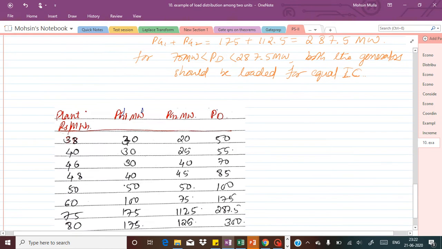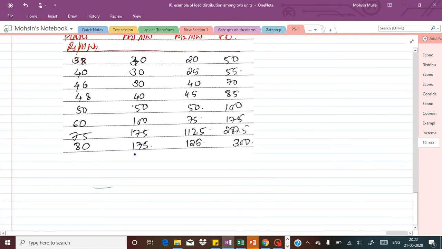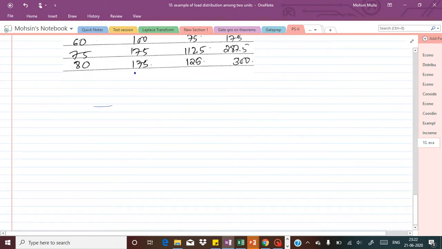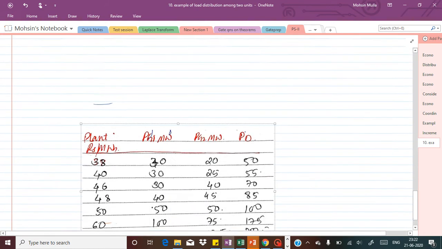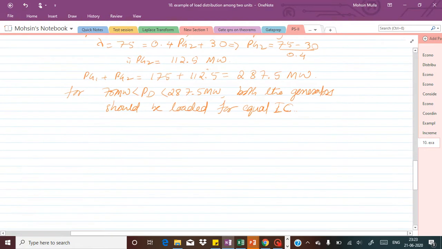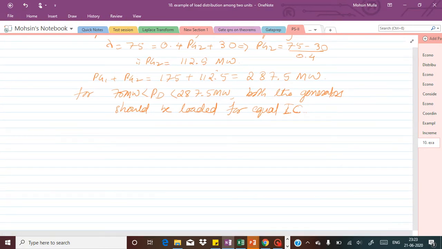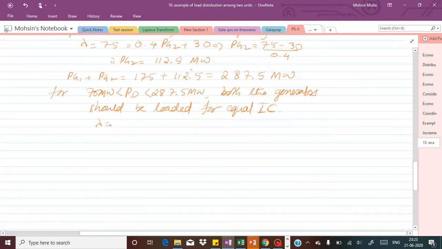So there has to be one equation that governs this particular value. Let us try to find that now. Equal means this lambda for both the equations should be the same. So lambda equals 2.2 Pg1 plus 40, and this value should also be equal to 0.4 Pg2 plus 30.